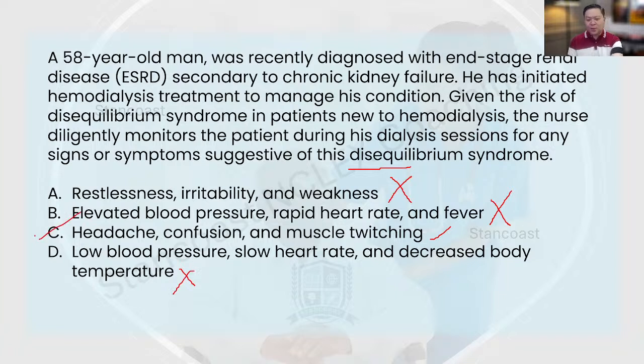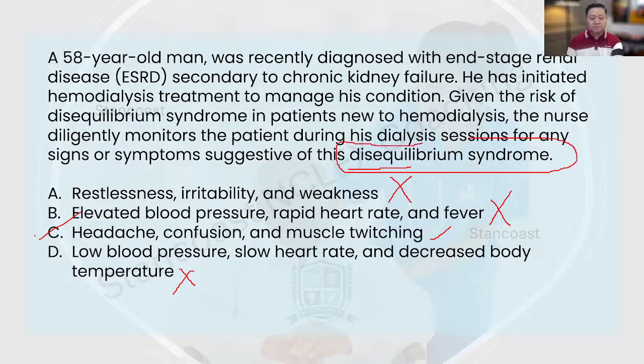Okay. Now at this point, we're going to have to point out the different test-taking strategies that you need to apply. So again, what we're going to do here is to identify the key concept. What is being asked in the scenario? Is it asking for the manifestations, the signs and symptoms? And specific to that, we are being asked about the disequilibrium syndrome.